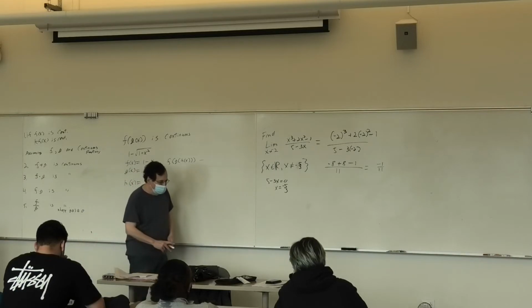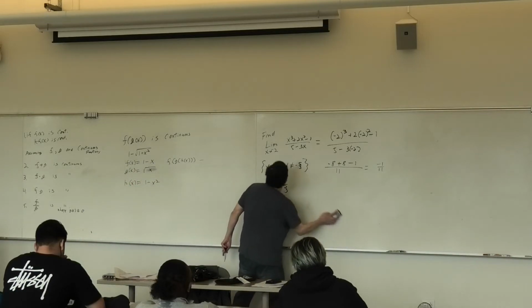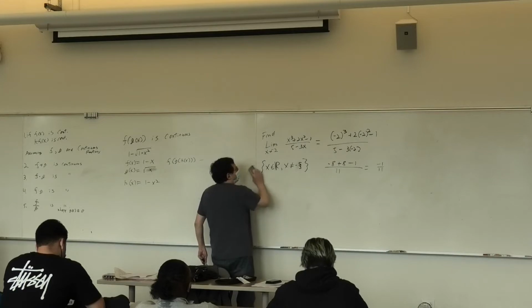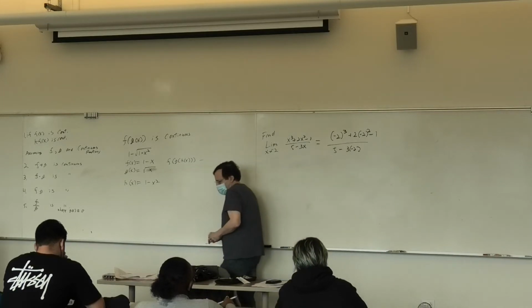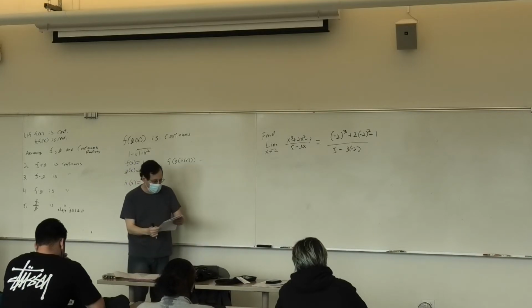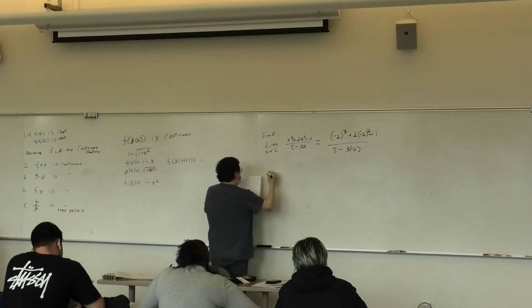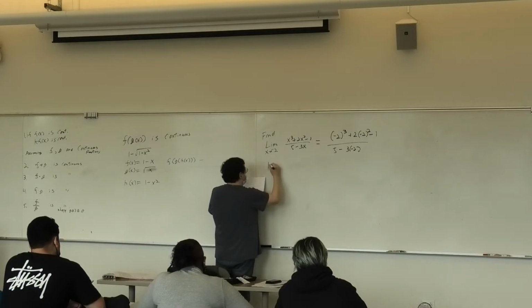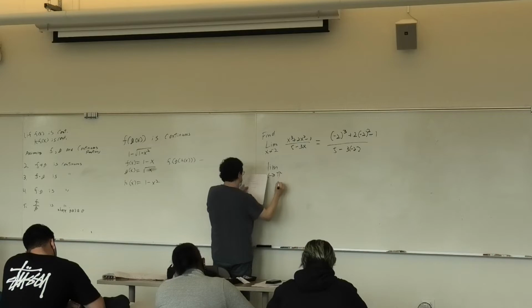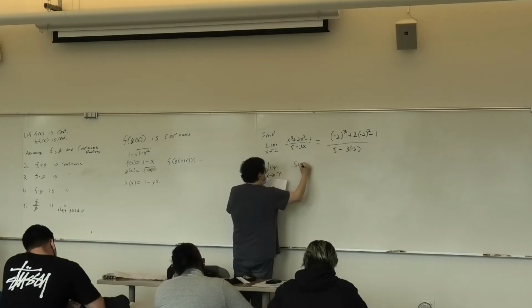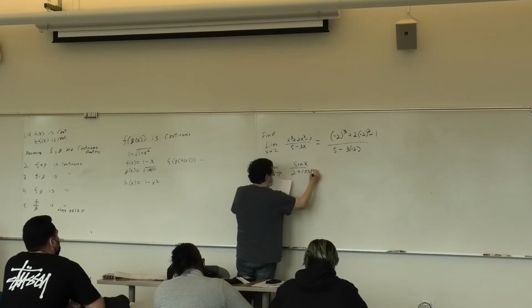All right. Except for maybe using some scarier functions, I hope not. Let's find the limit as x approaches pi of sine of x over 2 plus cosine of x.